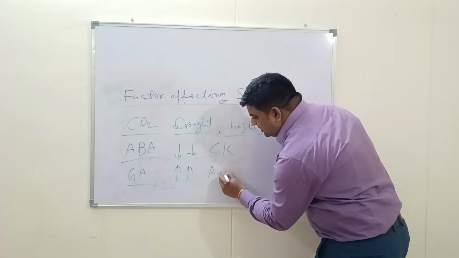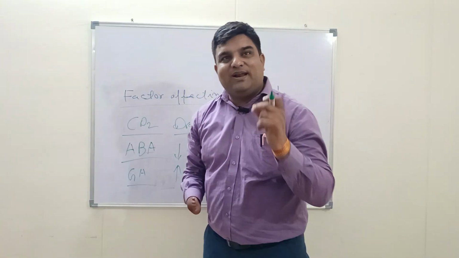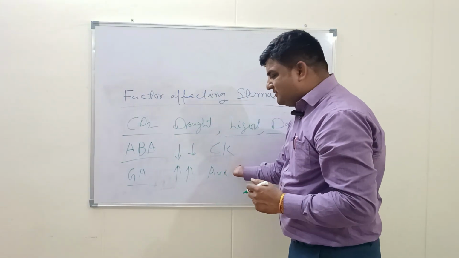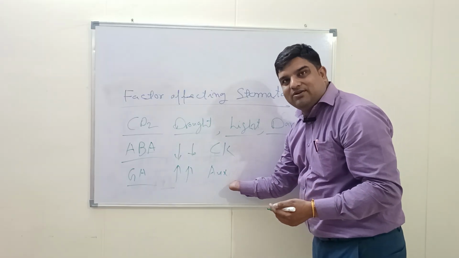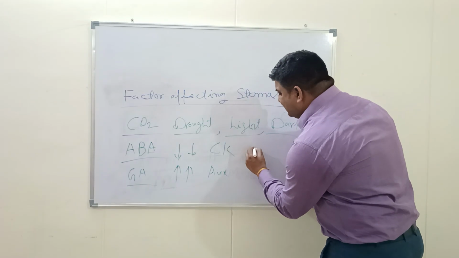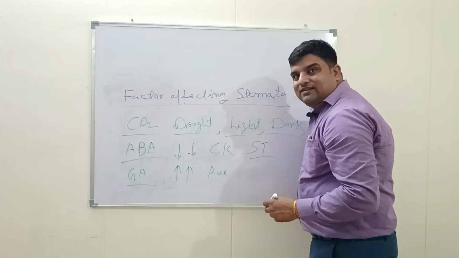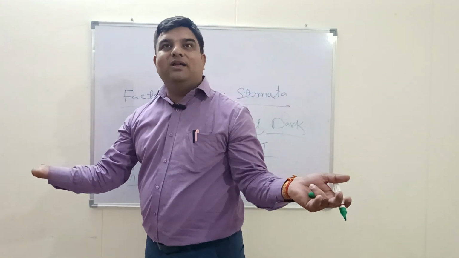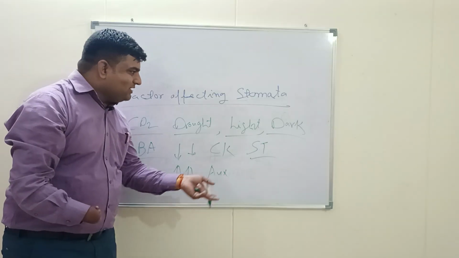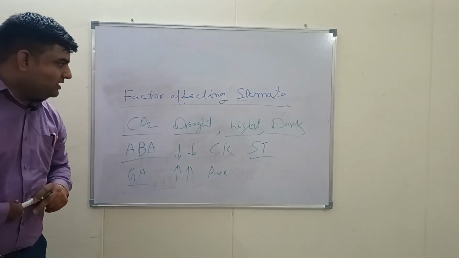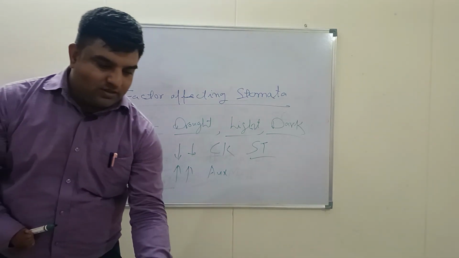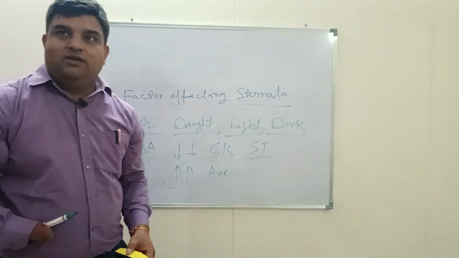Auxin suppresses the number of stomata, but increases the opening of the stomata, so it is a positive regulator of the stomata. Then there is strigolactone, which is a suppressor of the stomatal aperture. So these are some special points about the stomata. Now here I stop my topic.